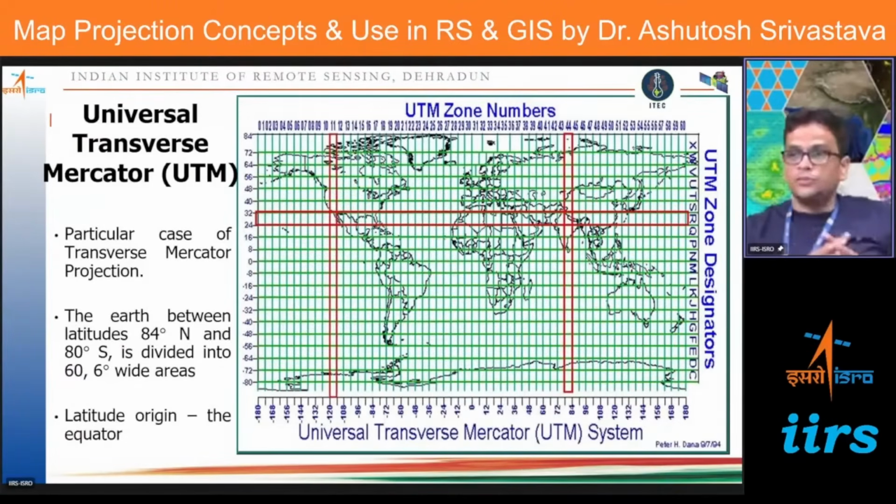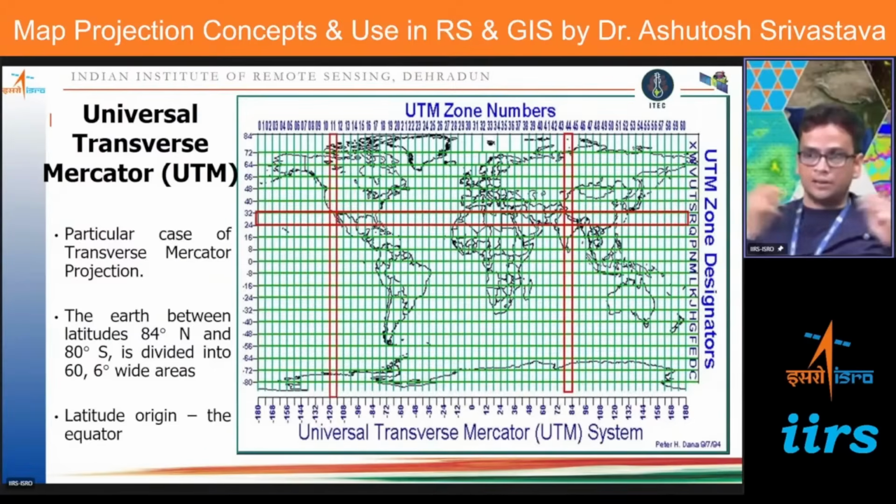Then we have the UTM projection. These are large areas that we have talked about, where different projections are there. Suppose we are doing a small area study. We have already defined grids, which are the Universal Transverse Mercator, UTM, a particular case of the transverse Mercator projection.